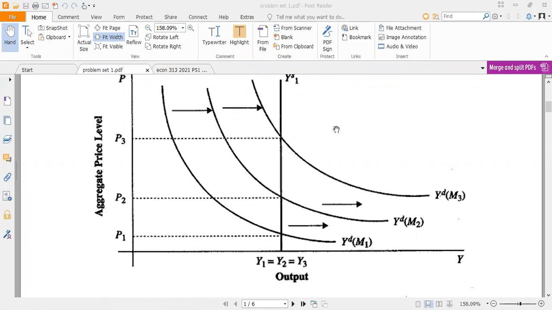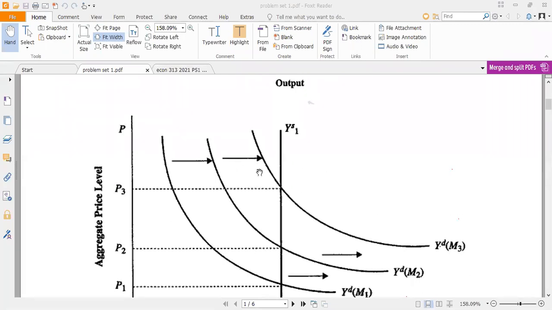output level. And someone is asking why the AS curve is vertical. This means we really have to go back and look at the relationship between price and then labor supply and labor demand before we get back here.